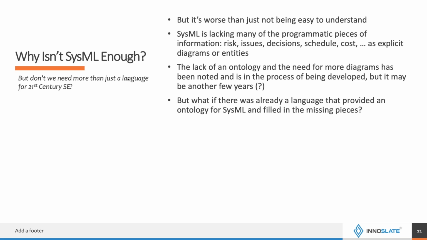I hear there's something out there, maybe a draft of something, but probably a few years before it gets finalized and they'll have a final product. But will it still be complete enough? Will it still do all the things we need it to do? I don't think so. And that's what I'm concerned about. But maybe there's already a language out there that does this, so why don't we just look at that?